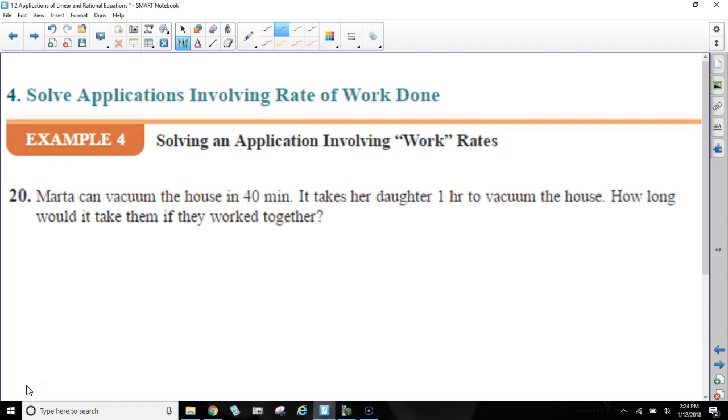On example 4, we're going to be seeing problems that involve the rate of work done, and that is how we are going to be expressing this. This is the rate at which a job is being done.